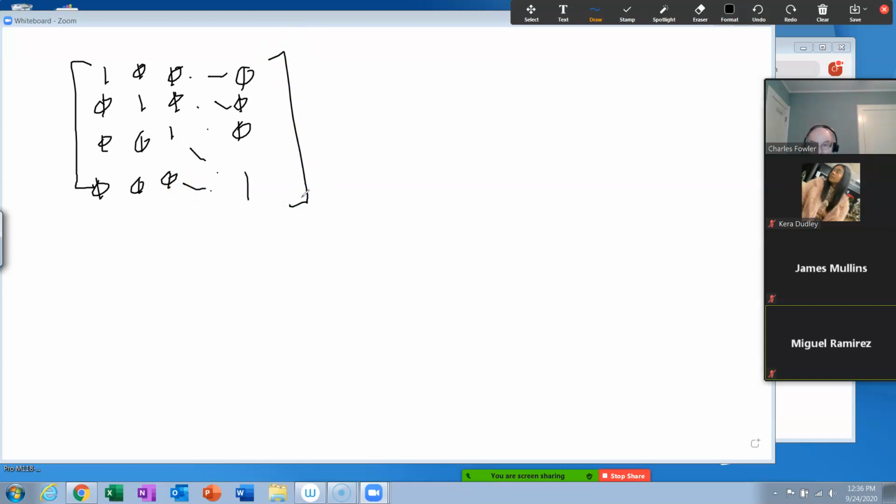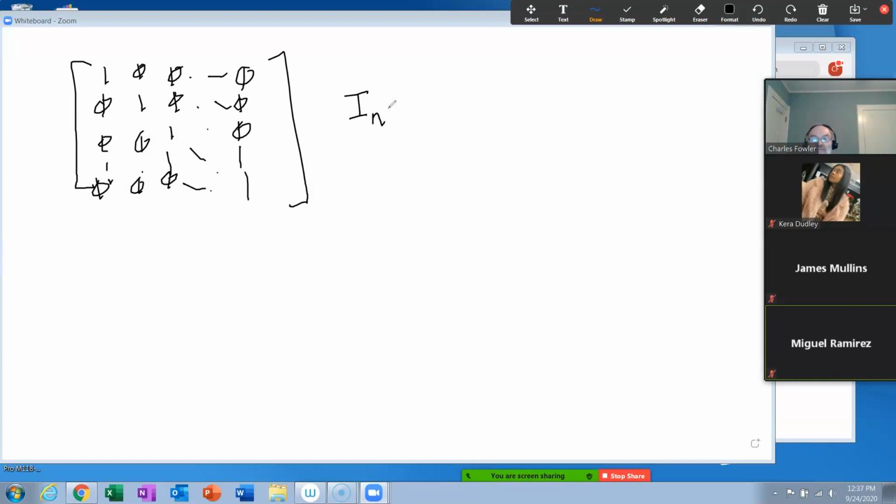Special type of square matrix, same number of rows and columns. And I should have dots here, here, here, and here as well. Square matrix, ones on the main diagonal, zeros everywhere else. We give it the name I, the identity matrix. Since it's square, we only put one subscript because the number of rows and number of columns are the same.